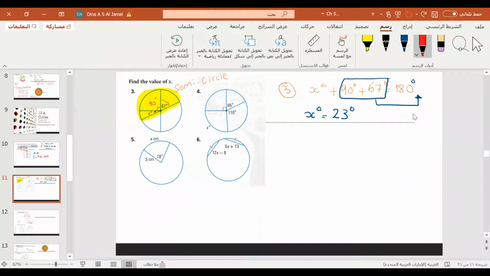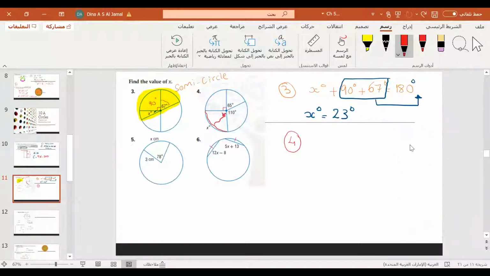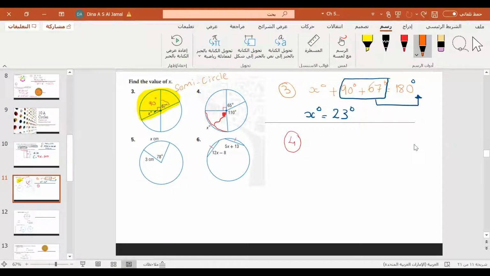What's your x? So this time he would like your x to be this arc, and he didn't tell you the measurement of this angle which is related to this arc. He gave you the measurement of the other angles. So here you have 90 degree, here you have 65, here you have 110.